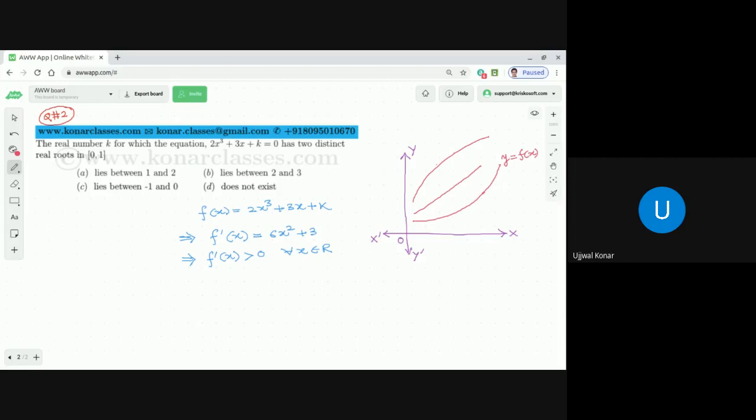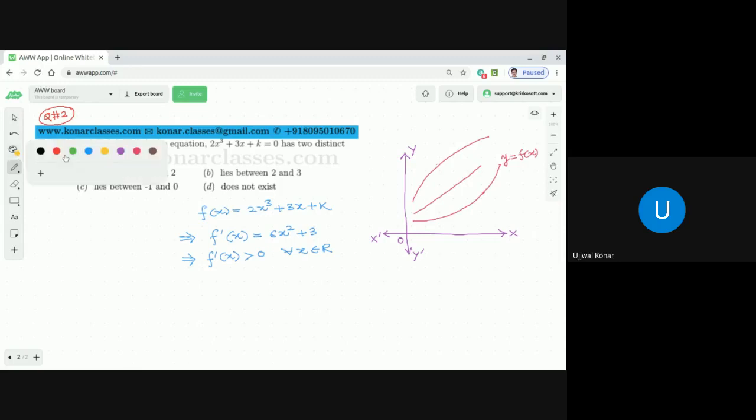Decreasing functions will be something like this. Like this. You see, x is increasing but y is decreasing. Or something like this. In all these cases, you see x is increasing but y is actually coming down, as x is increasing. Anyway, this is not part of our discussion.